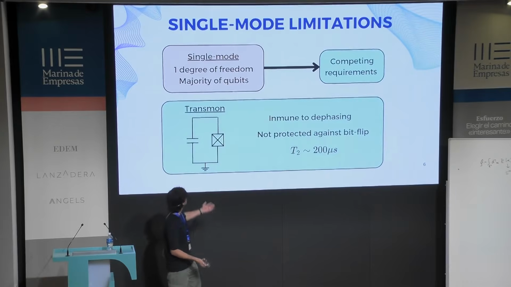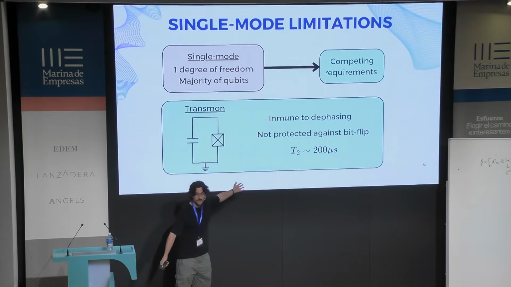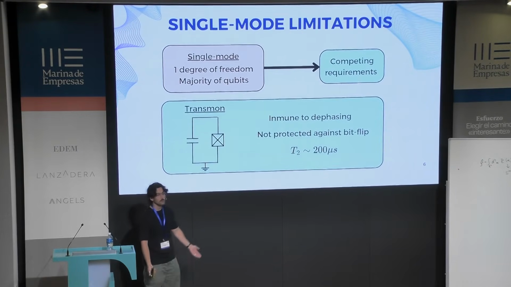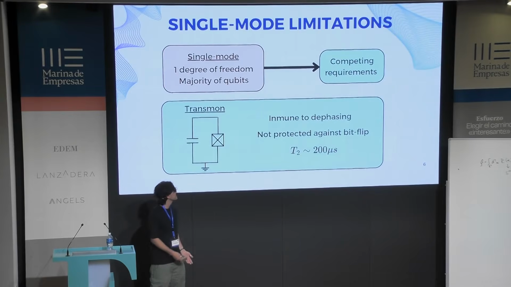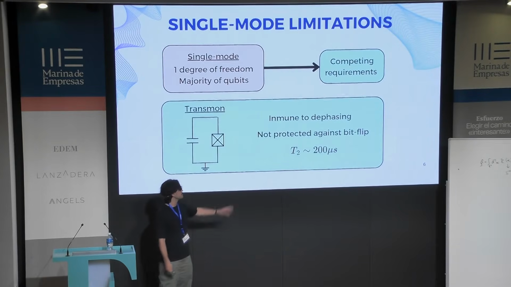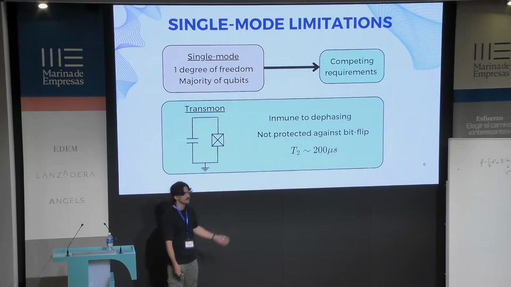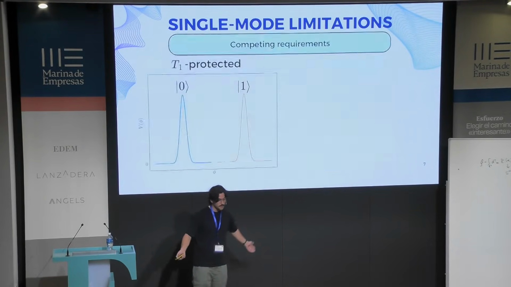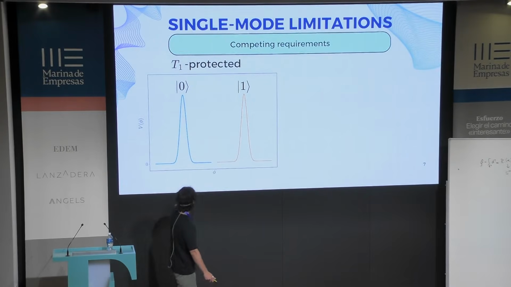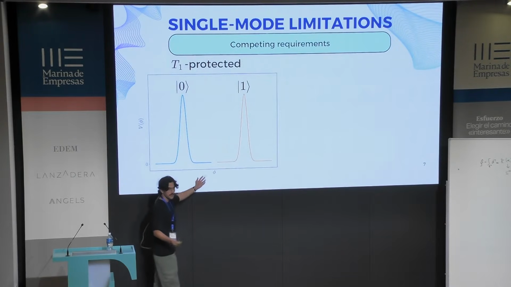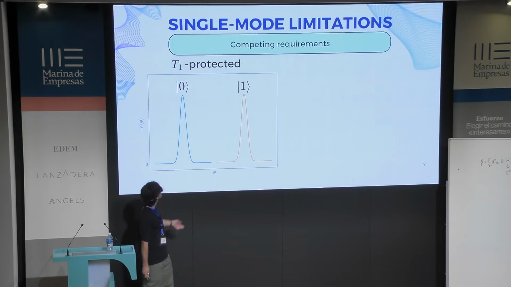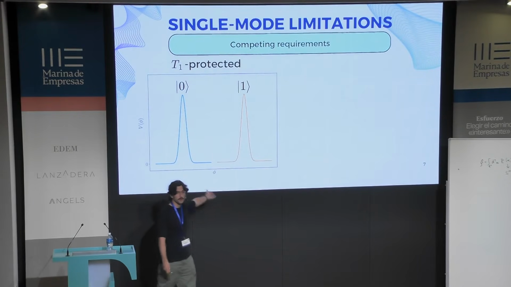For example, the transmon is immune to dephasing, but it's not protected against bit flip noise, achieving coherence times of about 200 microseconds. We can see that here in this example. These are the two wave functions of a supposed qubit circuit, which is protected against T1 bit flip noise because they are not overlapping.